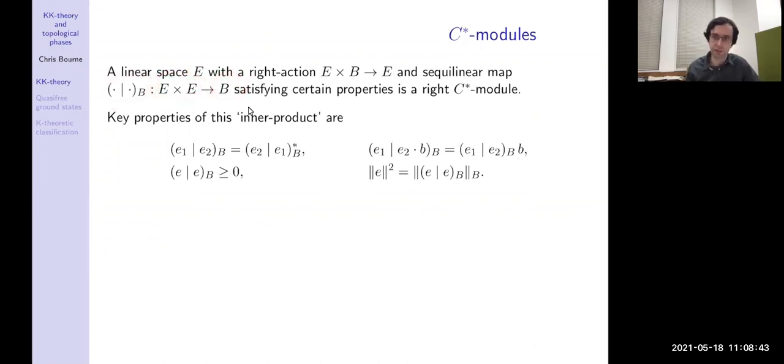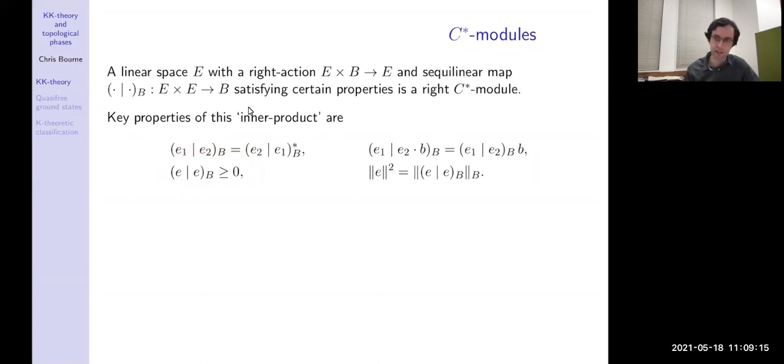And this pairing should satisfy things that look like a Hilbert space, but switched to a C-star module instead. So when I flip the order of the inner product, then rather than taking the complex conjugate, I take the adjoint in the algebra. And similarly, it should behave nicely with respect to my action. So this e·b means the right action of B on E. I should be able to pull that out.